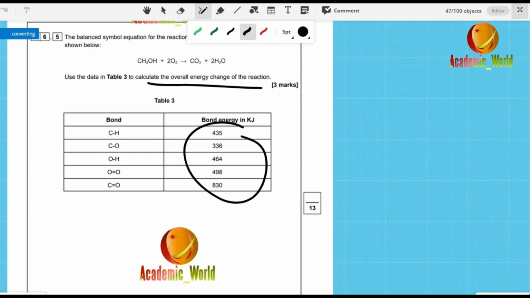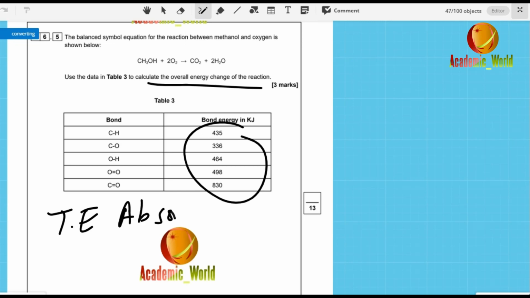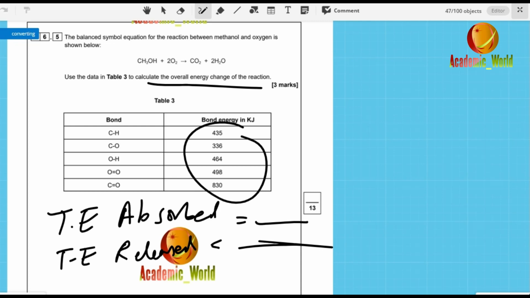So basically the formula is: the total energy absorbed, you have to find out, and then the total energy released, you have to find it, and then the overall energy change. Energy change will be absorbed minus released, that is equal to the energy change.